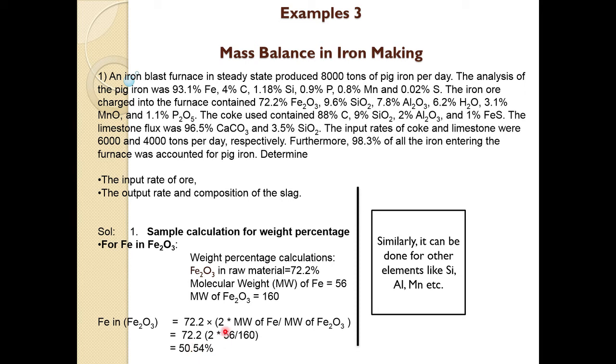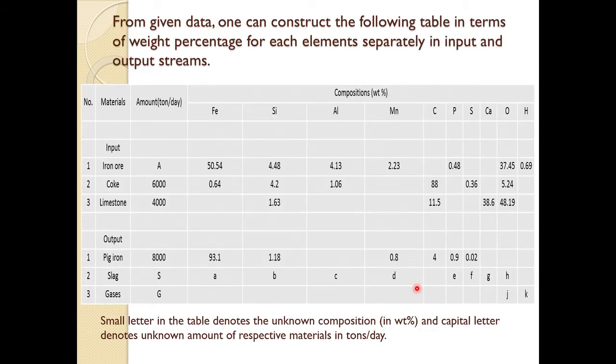So, similarly, you can do the calculation for other elements: silica, aluminum, hydrogen, phosphorus, manganese, calcium, sulfur. Whatever other elements are present in this example, one can make similar calculations for weight percentage and put them in tabulated form like this.